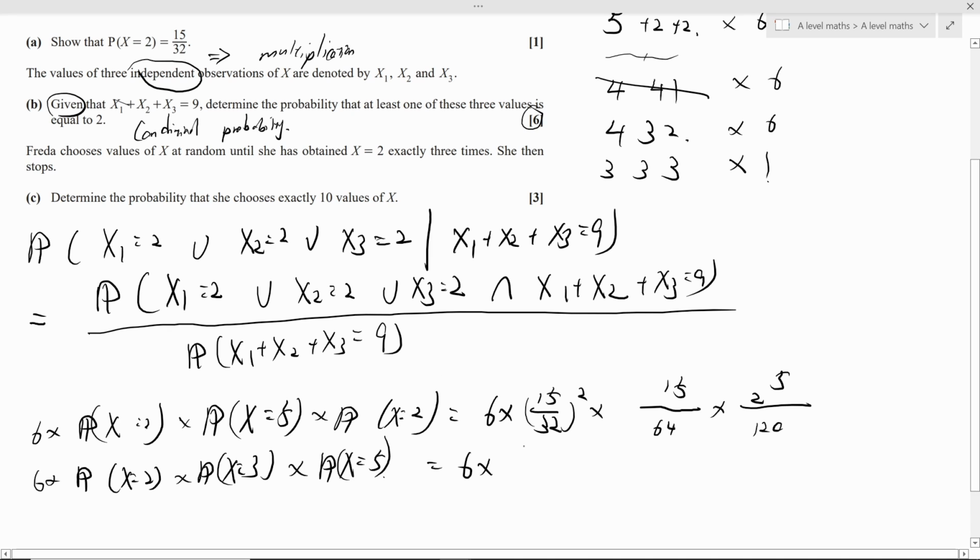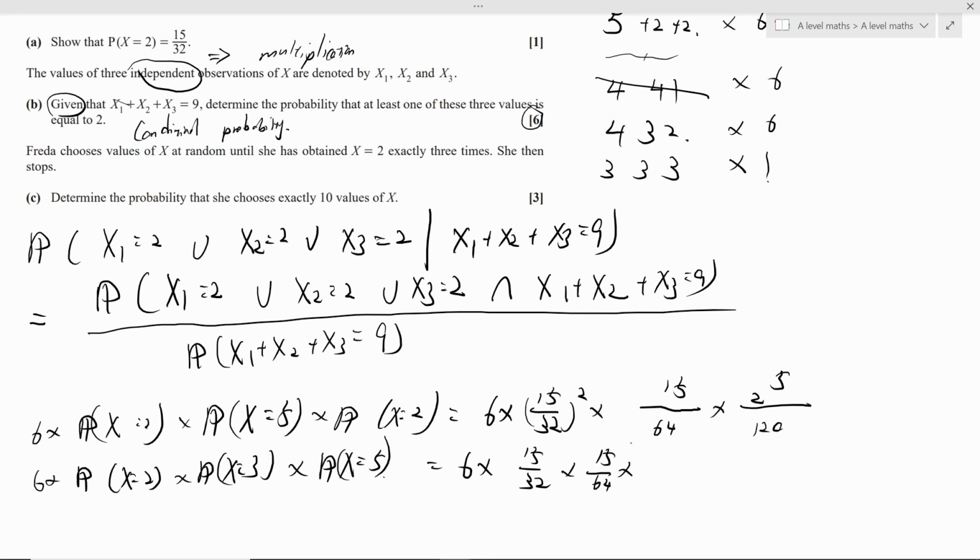That's 6 times 15/32 times 15/64 times 2 to the power of 3 over 3 factorial, which is 6, times 15/64 times 2 to the power of 4 over 4 factorial, which is 24.